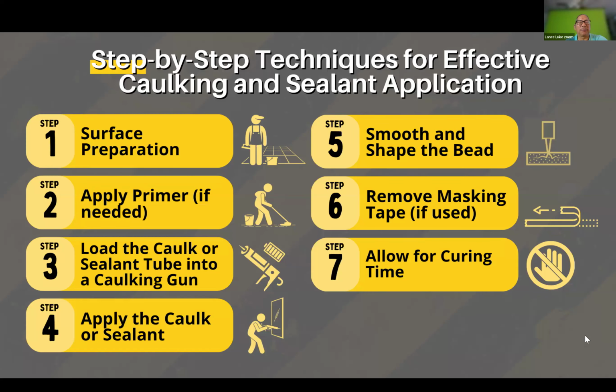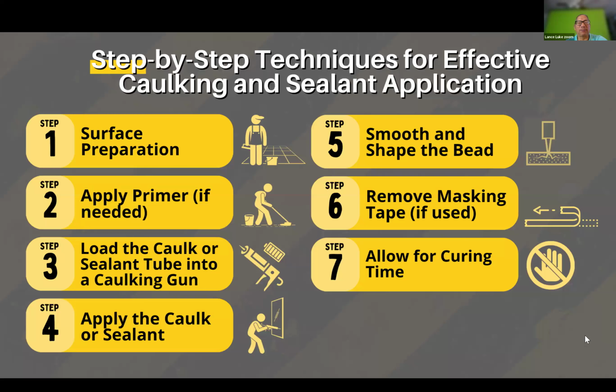If you're using the big caulking tubes, you load the caulk or sealant tube into the caulking gun, and then you apply the caulk or sealant. Now, here's something. The tip of the caulking gun is normally plastic, and they have all these lines. So don't cut the tip off yet until you've verified the width of the crack that you're going to caulk.